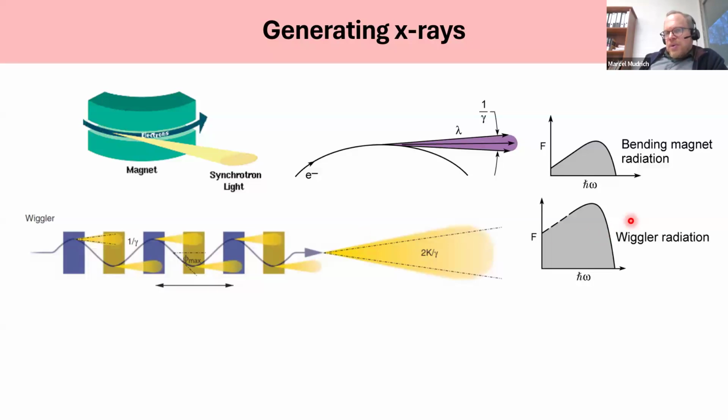So the wiggler radiation spectrum looks very similar to that of the bending magnet. Of course, it's more intense because all these bending sections add up, but the divergence angle is also very similar to that of a bending magnet. There's a parameter K that comes into play here, and we will see in a few minutes what K is.